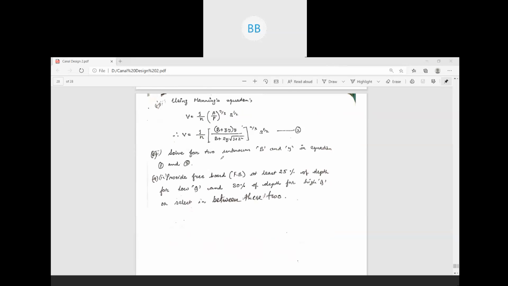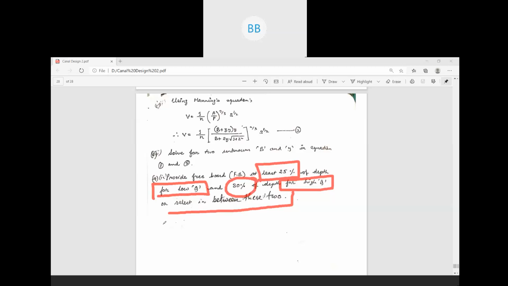If the discharge is low, we provide 25%, or if the discharge is high, we provide 30%. If we are not sure whether the discharge will be high or low, we can select a percentage between 25 and 30.